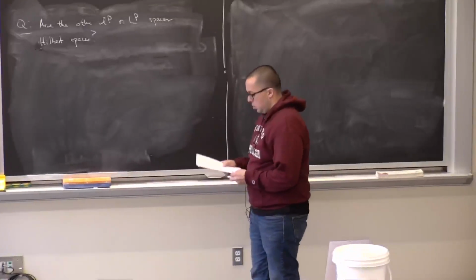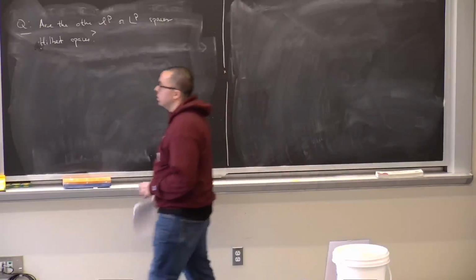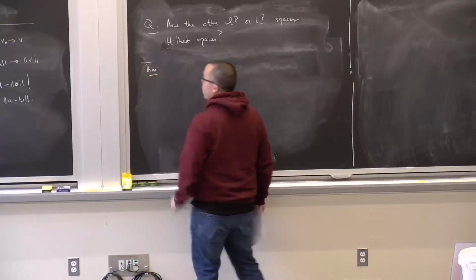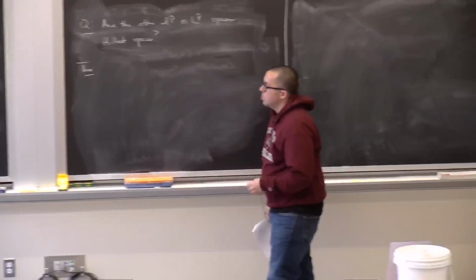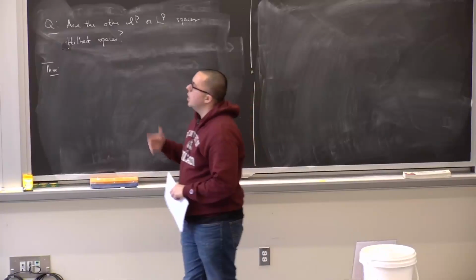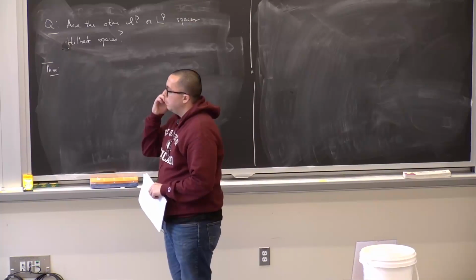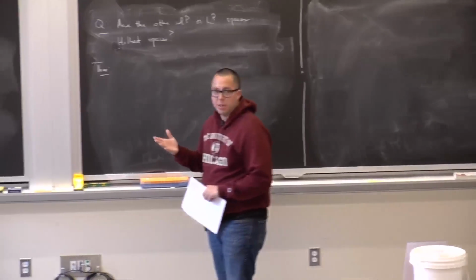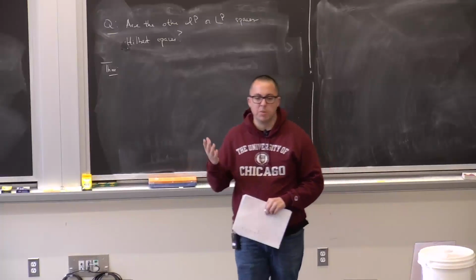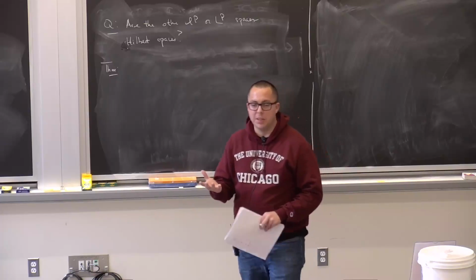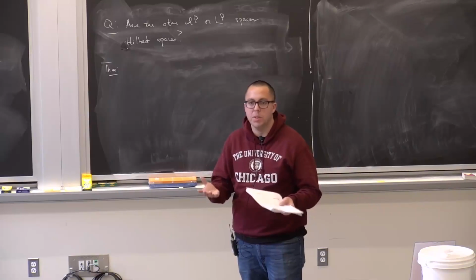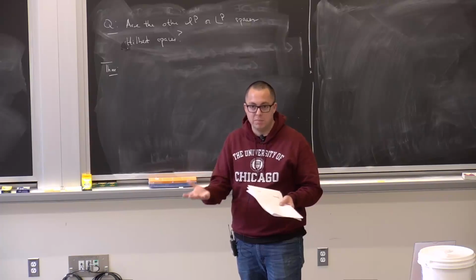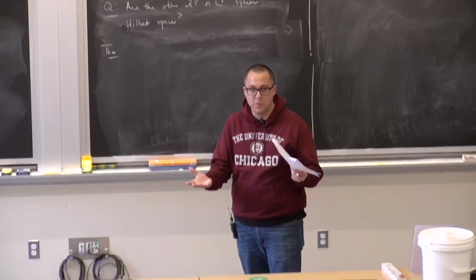So the answer is no, and there is in fact a way to determine whether or not a space is a Hilbert space. Because if you think about it, the way we've come about introducing what a pre-Hilbert space and a Hilbert space are, we first had an inner product in hand, and then we defined the norm. Well, if that's the way you're building your space, then you know automatically that it's a Hilbert space, because you had an inner product first and then you defined the norm second.